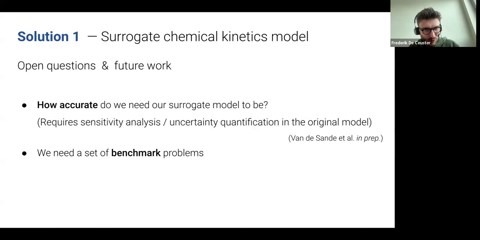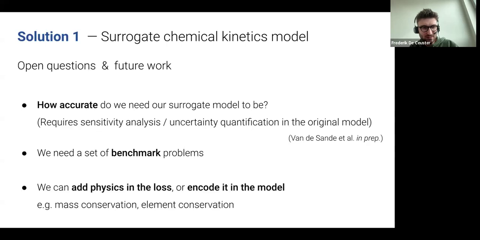Now I claim that we are currently the best model, but let's see until September whether that's actually the case. And then finally, there's a whole bunch of additional things we can do in our model. We can add physics to the loss function. We can also encode more physics in the loss function. For instance, we tried things with mass conservation or element conservation.